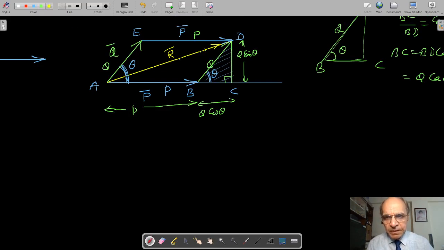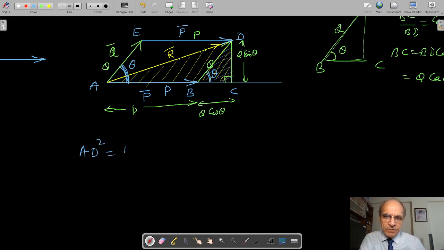Look at this complete triangle. This is a right angle triangle. We have to calculate AD. We already know AC and CD, and therefore we can say that AD square would be AC square plus CD square.